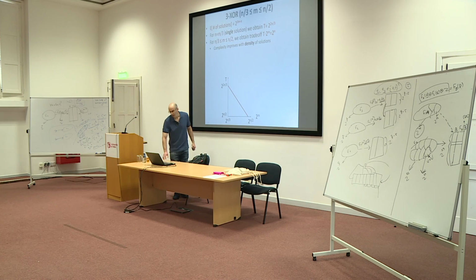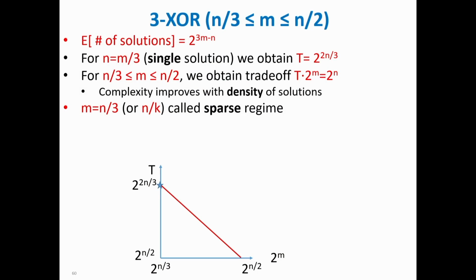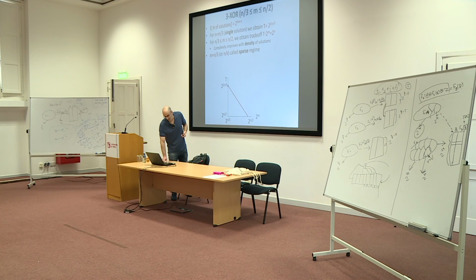I'm going to call the regime where you have a single solution on average, where m equals n over 3, or in general for k-XOR n over k, the sparse regime. The solutions are sparse. And when the domain size is bigger, the problem gets denser, and you have more solutions.